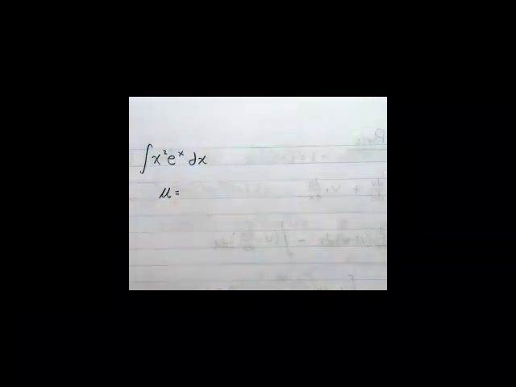So if I chose x squared, and I took its derivative, does it make it simpler? What's the derivative of x squared? 2x. That's simpler, right? So that might be a good choice. If I chose u as e to the x, what's the derivative? E to the x. Did that make it any simpler? No. On the flip side of that, if my dv were x squared, would that make things simpler?